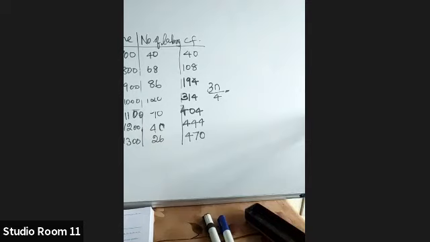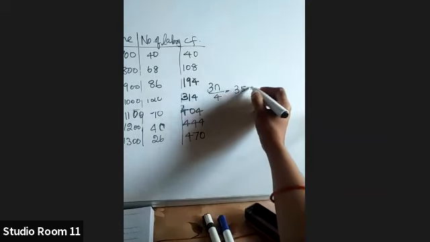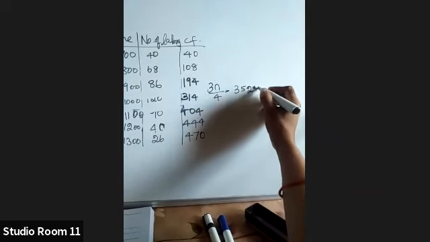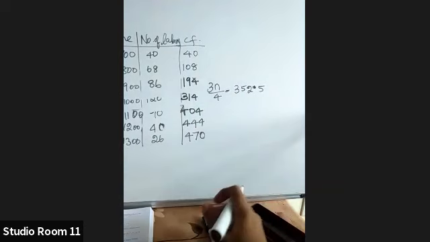Yes, Aishwarya? Is it 352.5? Yes, 352.5. Once you get this 3n by 4, you can select your class.